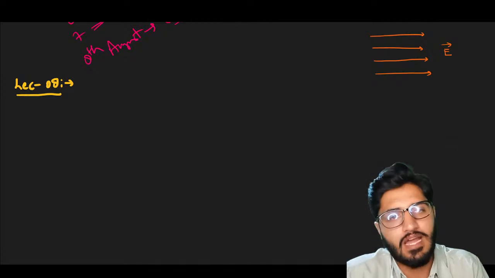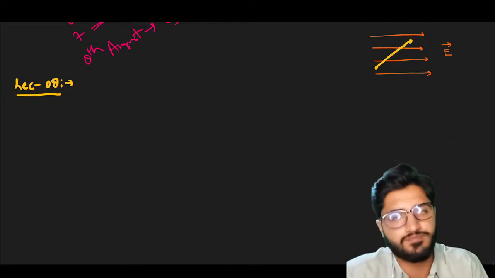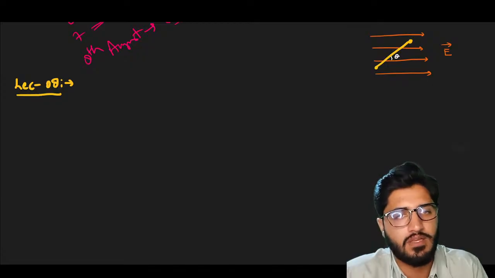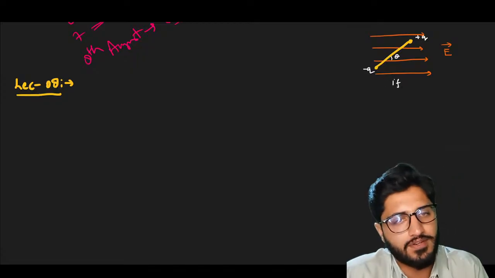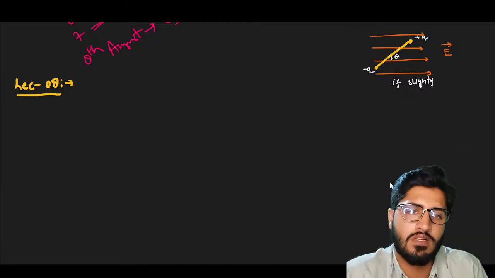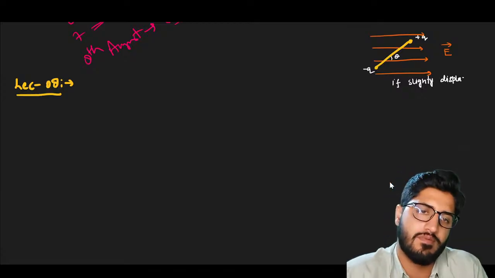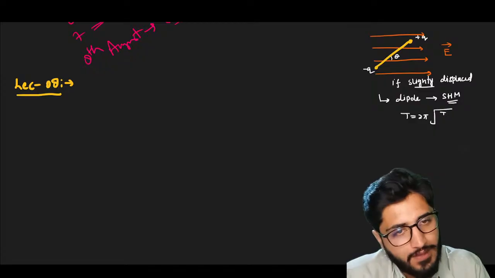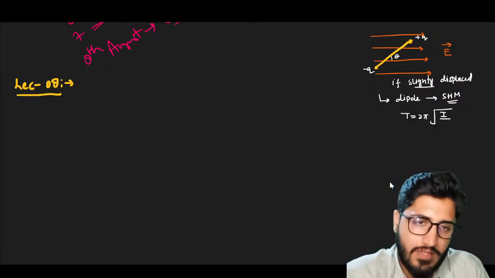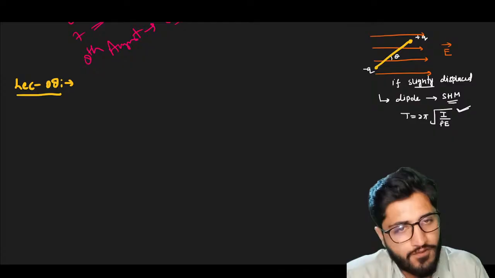Now if we have an electric dipole, minus q and plus q, placed with some angle theta and slightly displaced, this dipole will perform SHM, simple harmonic motion, and the time period is 2 pi under root of I divided by PE. This we know from the electrostatics chapter.